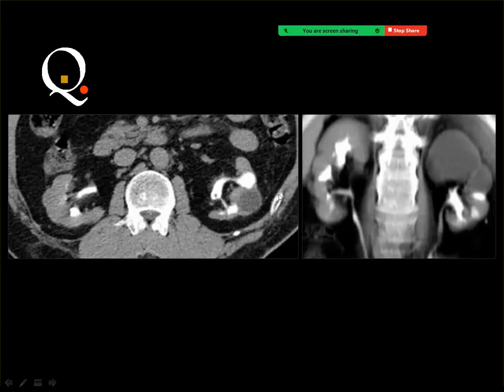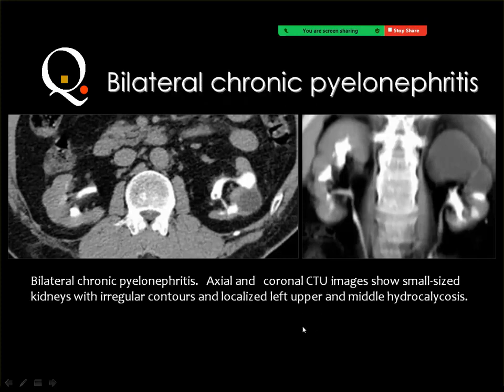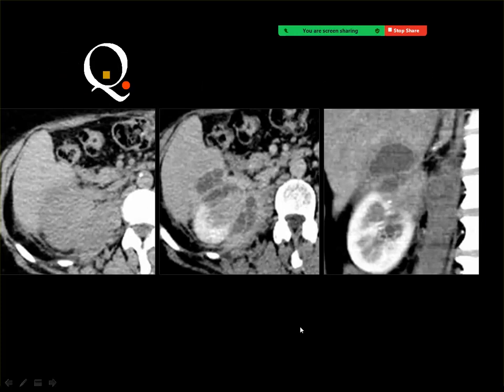And this is bilateral chronic pyelonephritic kidneys. You see marked loss of the renal parenchyma with scar tissue that has resulted in this appearance. The calyx is not covered by any renal parenchymal tissue. And this is the case also on the right side. The diagnosis is bilateral chronic pyelonephritis.